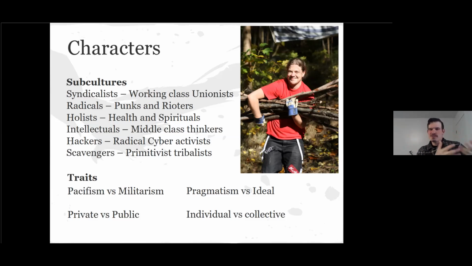These were the syndicalists, the working class unionists; the radicals, punks and rioters; holists, the health and spiritually minded people; intellectuals, the middle class, radical thinkers but maybe more conservative in their life choices; hackers, the radical cyber activists; and scavengers, the primitivist tribalists, anarchist kind of people.